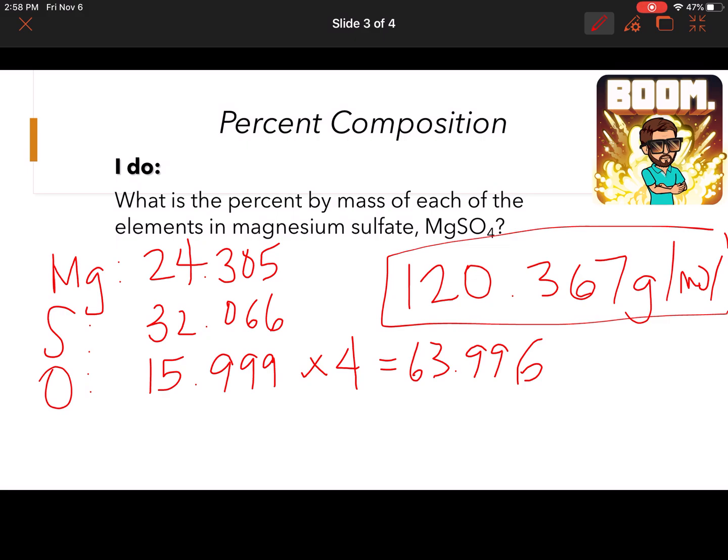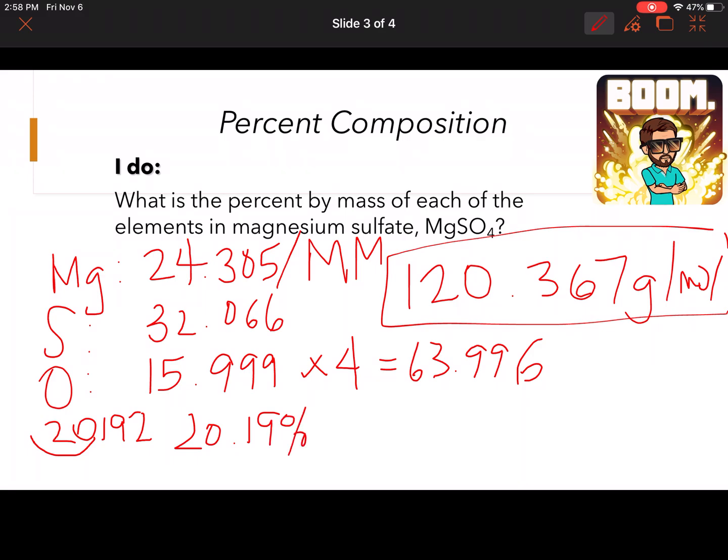So 24.305 divided by the molar mass is 0.20192. Multiply that bad boy by 100, and I get 20.19% magnesium.